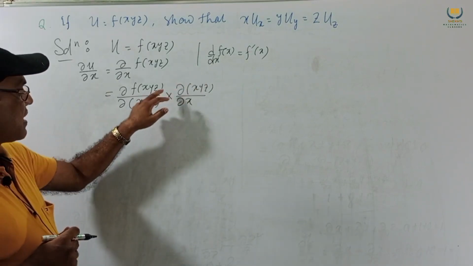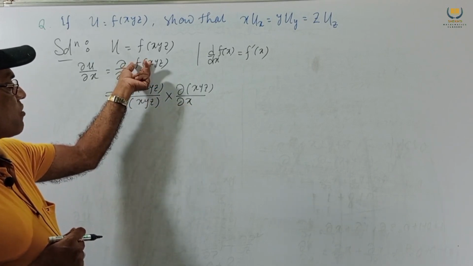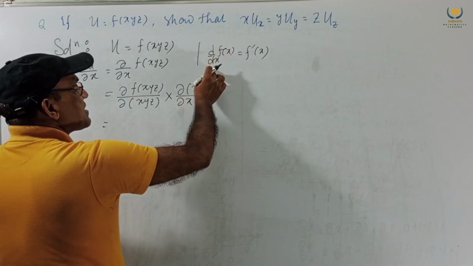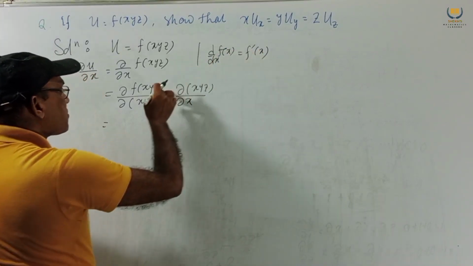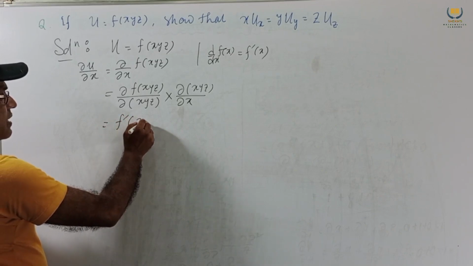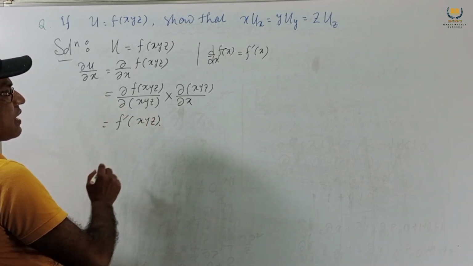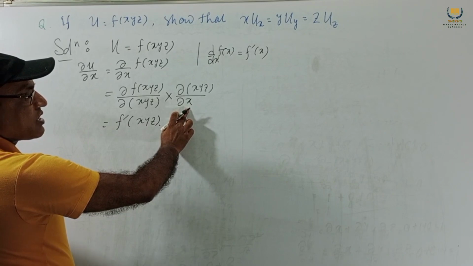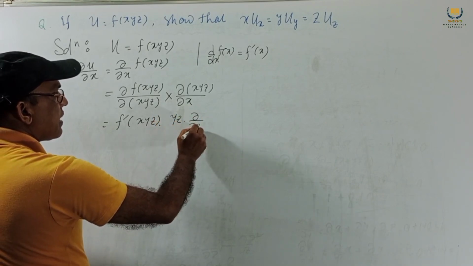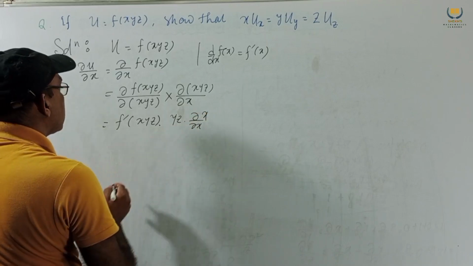Now this cancels, ultimately del x, and this we get our previous term. So now these two are the same. If x is the same, we can write f dash x. So this x, y, z same, we can write f dash x, y, z. And we differentiate with respect to x, y and z are constant, this is outside, del x of x we get.